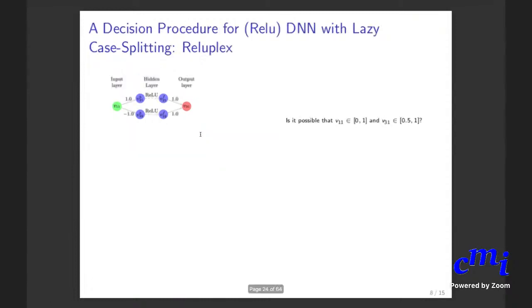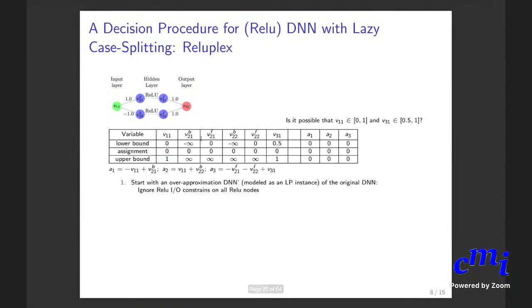If I throw away those conditions, then I can easily express them. So there is A1, which corresponds to the equation defining the value of V21B. V21B is equal to V11, and V22B is equal to minus V11.